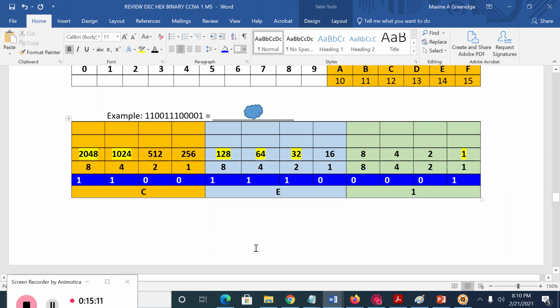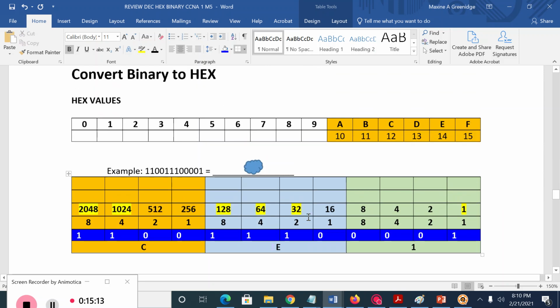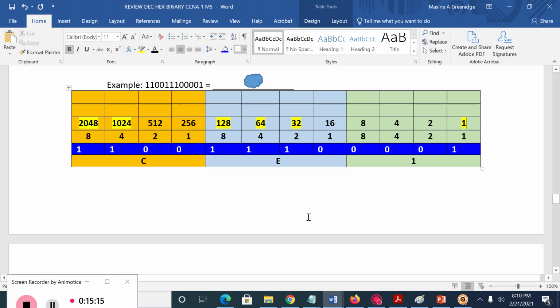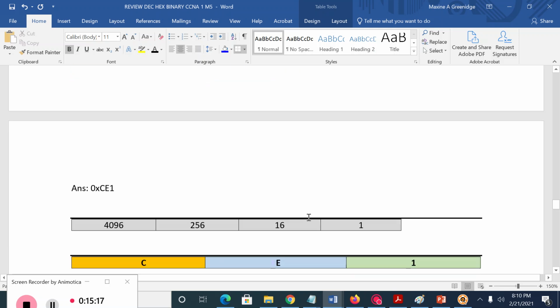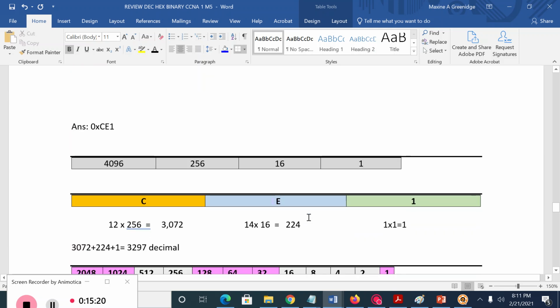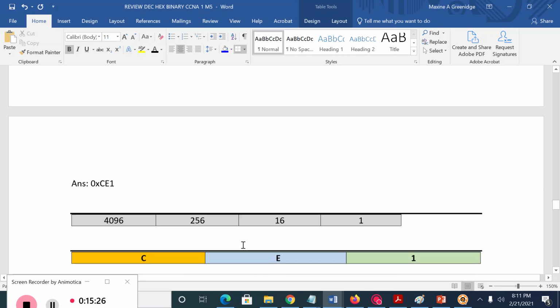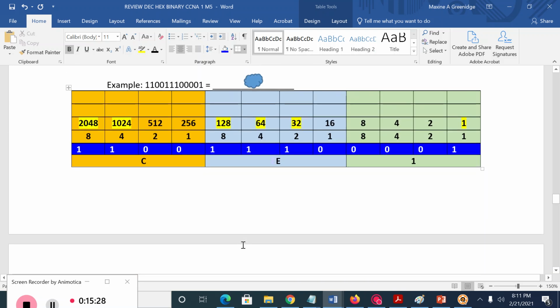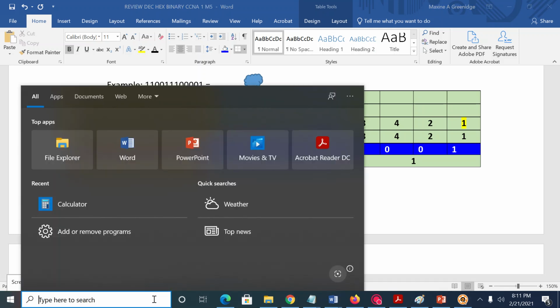So now, if we add all of those up, we should come back to the value of 3297 down here. Okay, so let's go ahead and do that and see if it works out. Let me pull up my calculator.